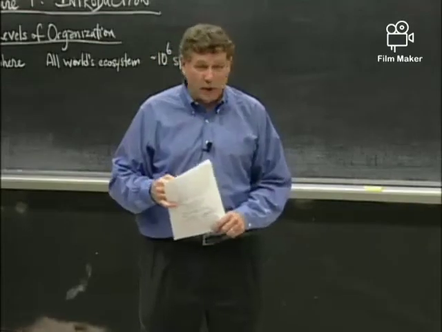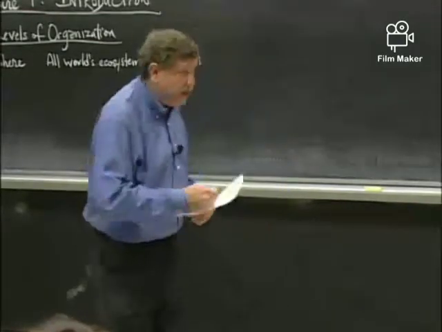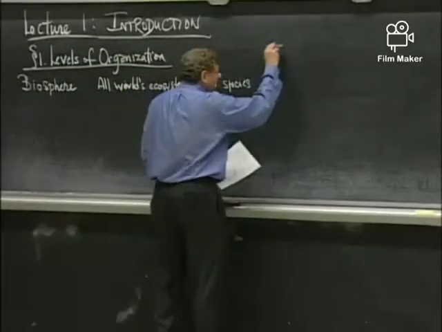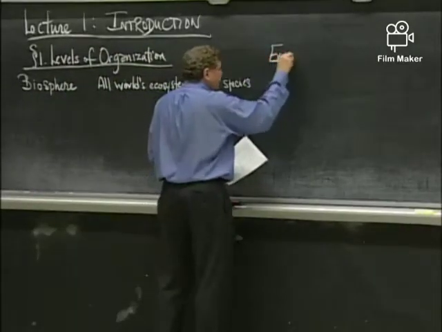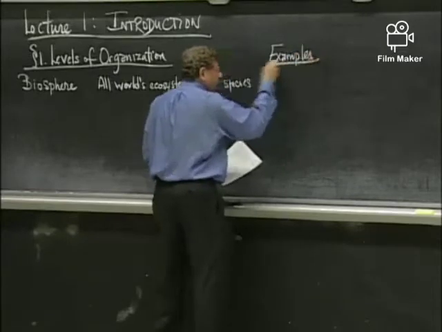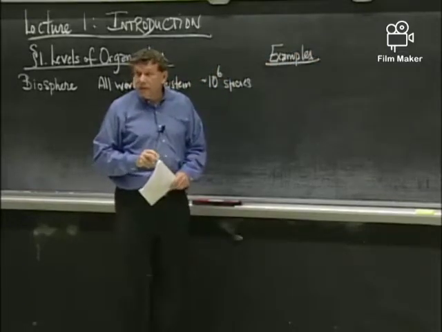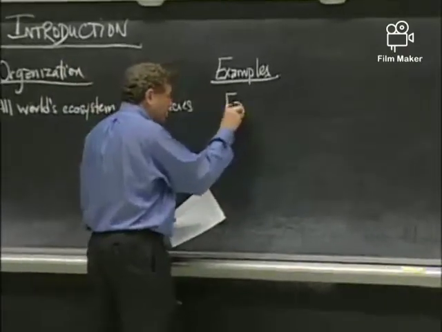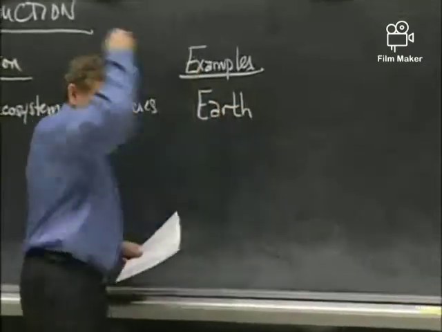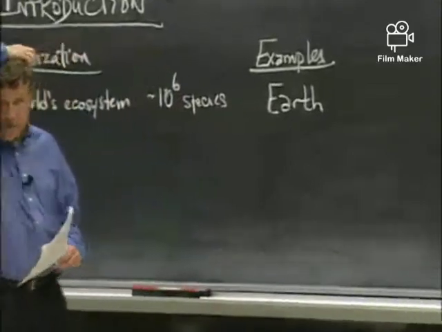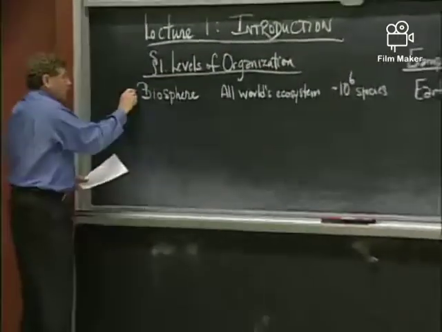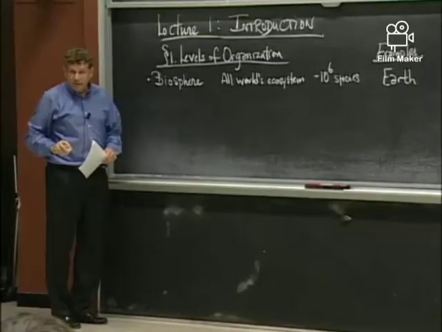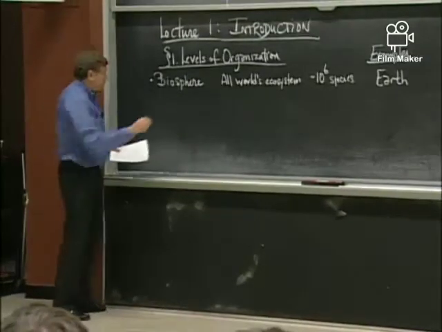And in fact, it's even hard to define species for microbes. So it's a fantastic diversity. And if we think about examples, the number of examples of biospheres that we are aware of is 1. Currently, it's the Earth. There might be other biospheres, but we're not aware of them. All right, that's one level of organization. We will have virtually nothing to say about that level of organization other than that we're fond of it.